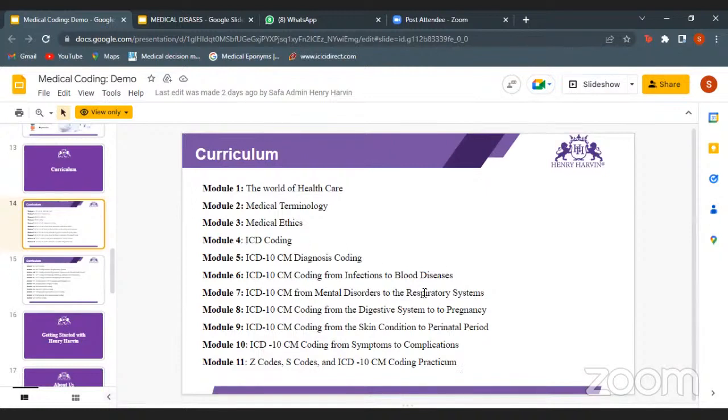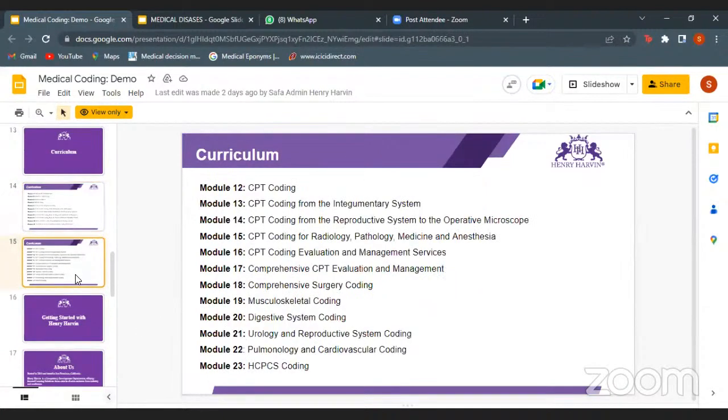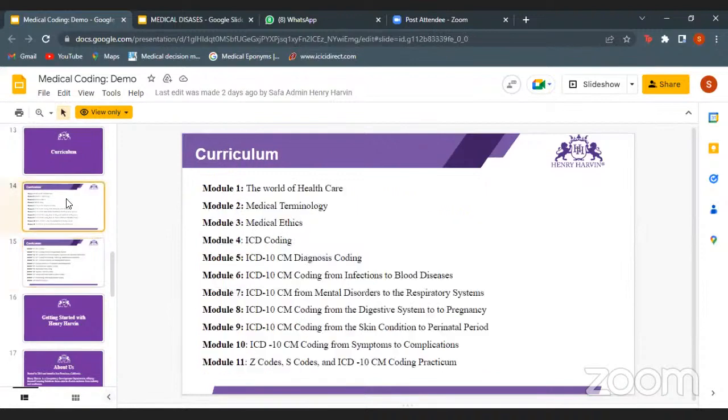Now, as far as the curriculum is concerned, we have 90 hours of course, and in that we teach how the US and other world healthcare systems operate. What are the different medical terminologies? That is a very important part of this course.